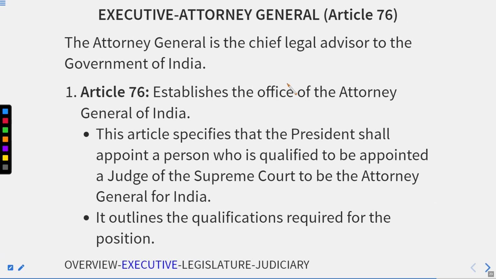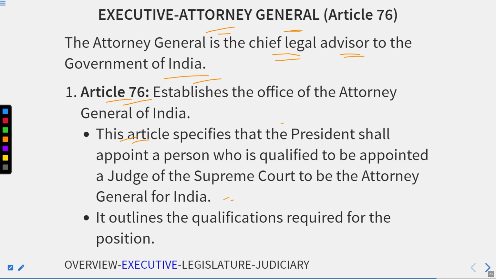Okay, thereafter we have the Attorney General. He is the Chief Legal Advisor to the Government of India. Okay, so we have Article 76, which establishes the office of the Attorney General of India. This article specifies that the President shall appoint a person who is qualified to be appointed a judge of the Supreme Court as the Attorney General of India.